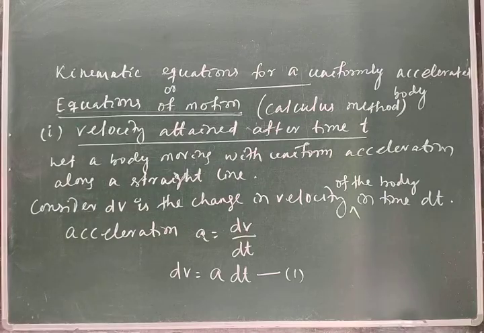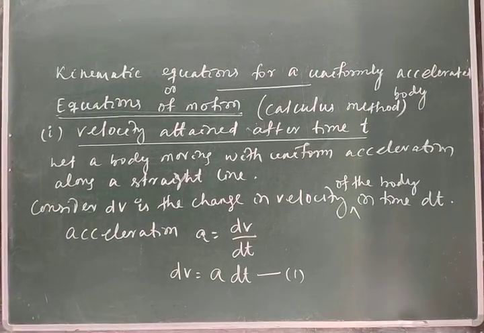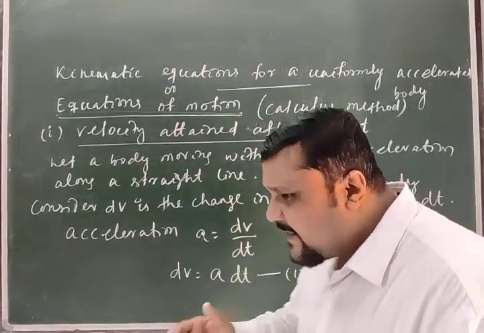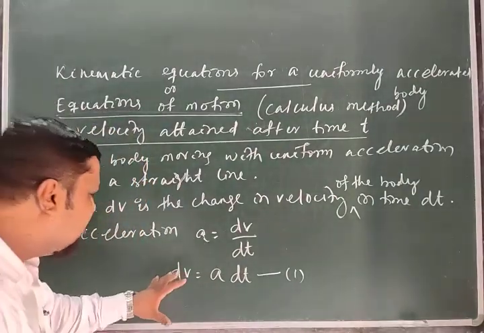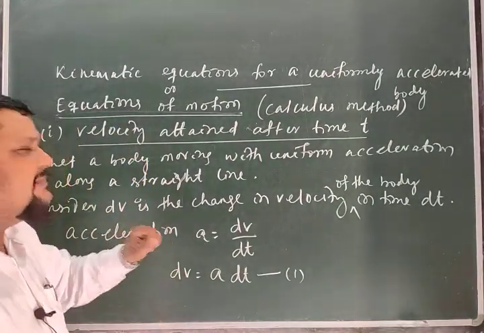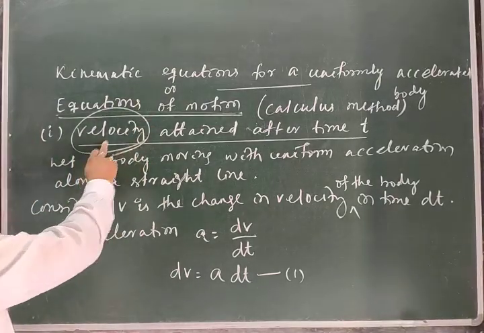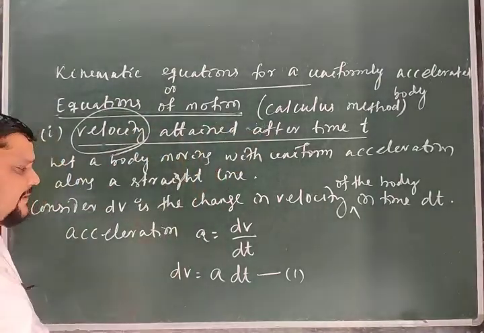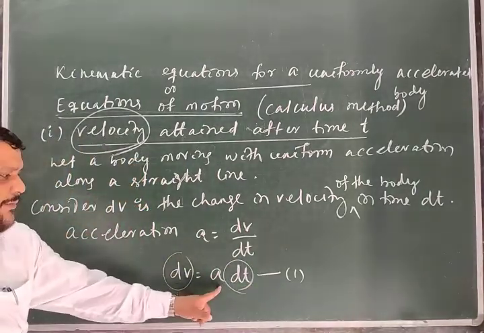Now we will go for the calculus part. What does this calculus part mean? Calculus means we will do the integration and put the limits. See, here what do we want to find? The velocity attained after time t. Here dv is the change in velocity in a time dt for the uniformly accelerated body.